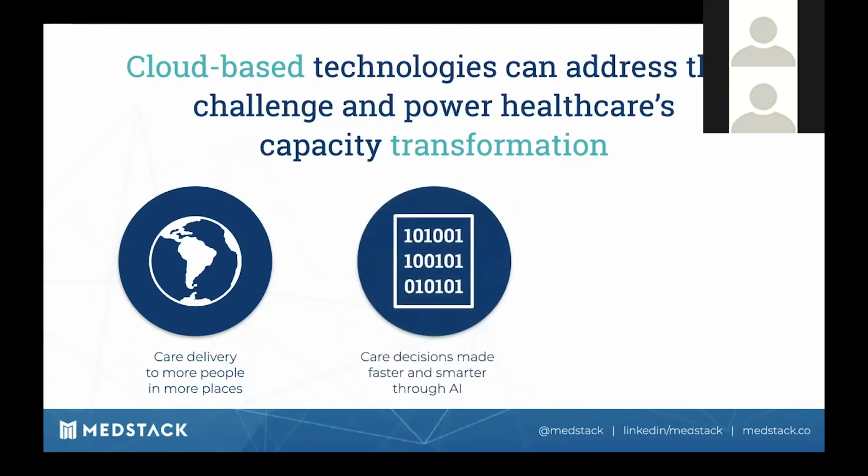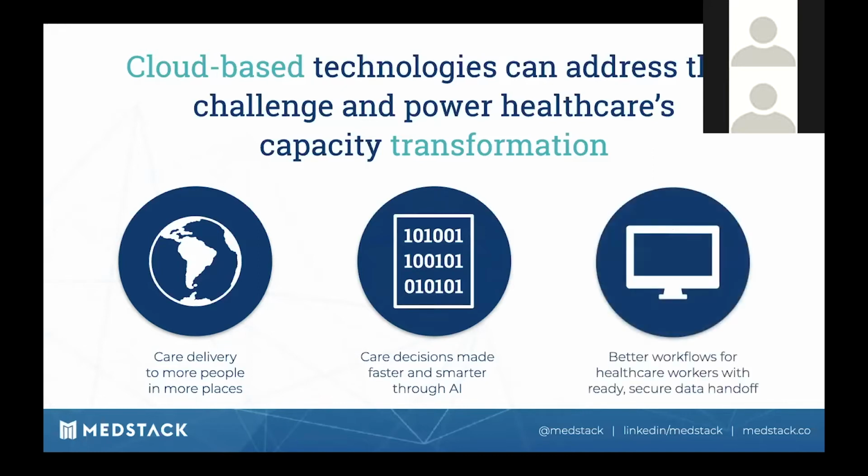The second is we can now make decisions faster. Healthcare has always worked on the notion of precedent and large population data. Well, now you have a much larger population, a much faster ability to make decisions. I don't believe AI is going to replace doctors, but they've always leveraged pre-existing data to help them make decisions better. And now we have tools to help them do that, starting with things like image recognition. And finally, this is still an industry that does a lot of work with fax machines and pagers.